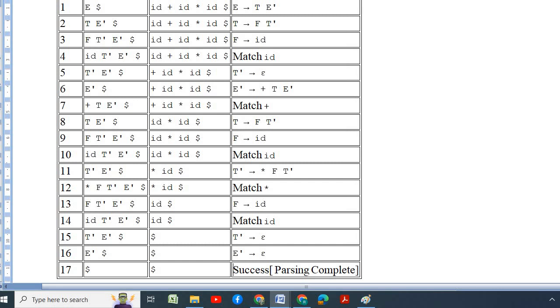So this is the way to check whether the given production is LL1 parse, and if it is LL1 parse, then we can parse the string using the LL1 parse table.